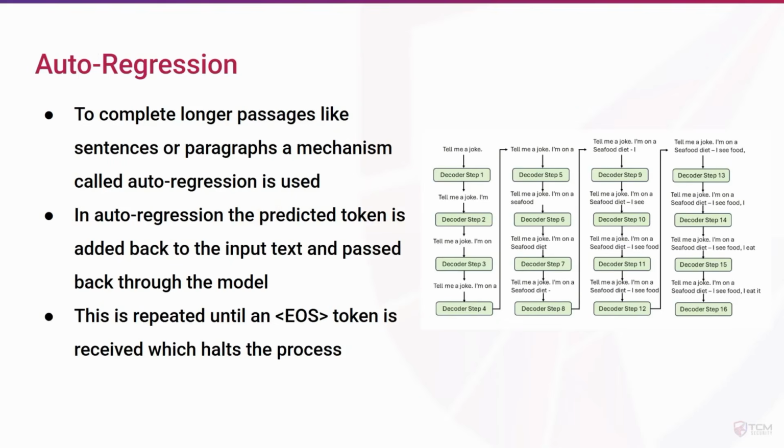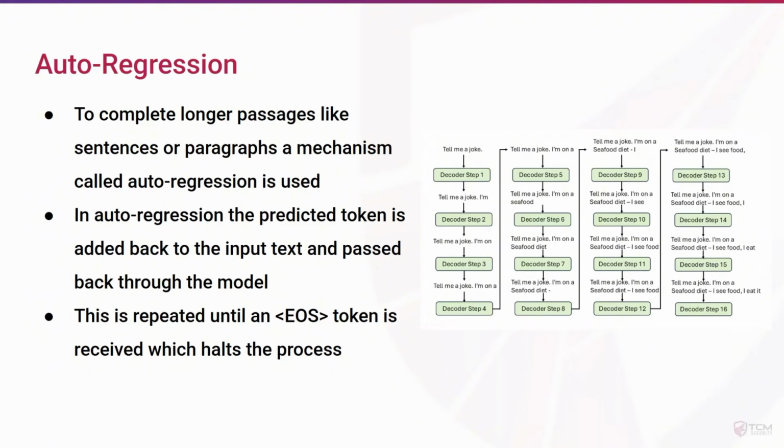So after we've predicted one word, we can then just keep using this to make longer sentences or even paragraphs. And to do so, we use a mechanism called autoregression. Essentially what this means is that the predicted token is just added back to the input text and passed back through the model. And this is repeated until we get the end of sequence token, which then just halts the process.